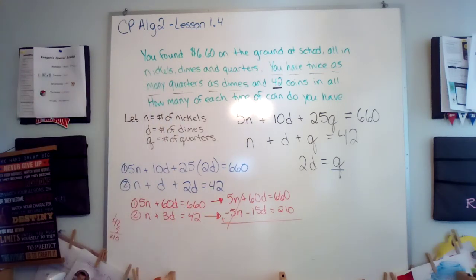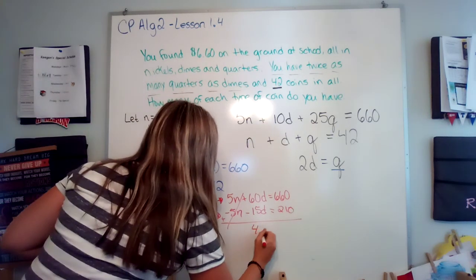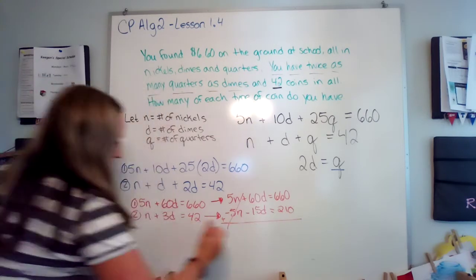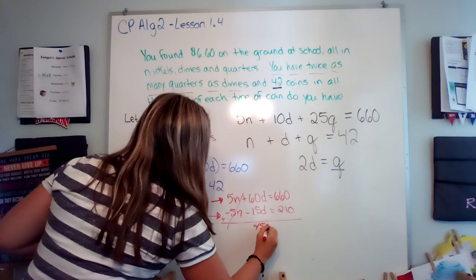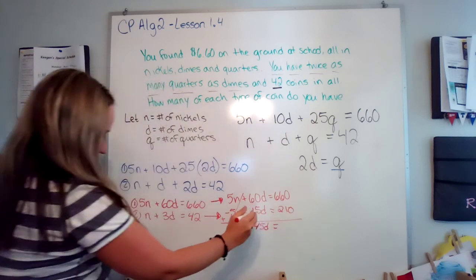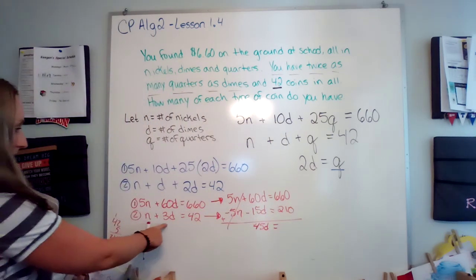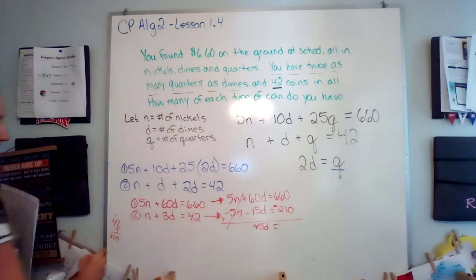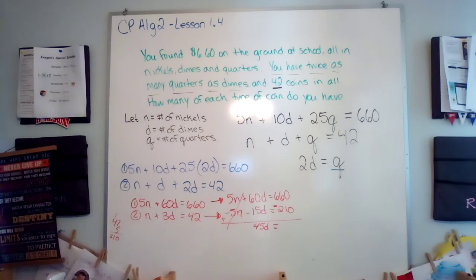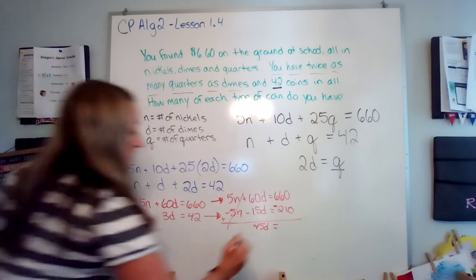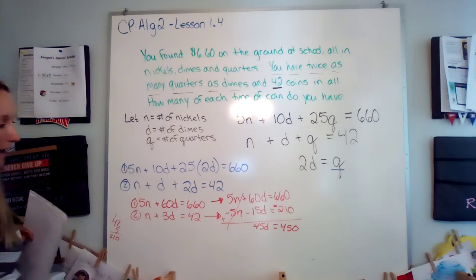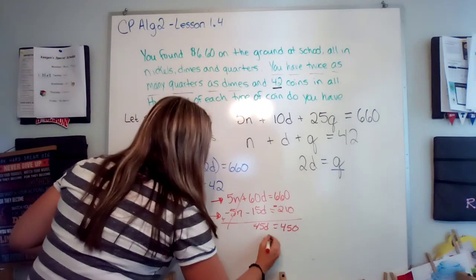Okay, so 60 minus 15 is 45d. And if I'm adding, everything's positive. Oh, did I forget a negative? I did. See, guys, it's so easy. That's a -210 because I was multiplying by -5. All right, so if I subtract 210 from 660, that's going to leave me with 450. Divide by 45, so d equals 10.